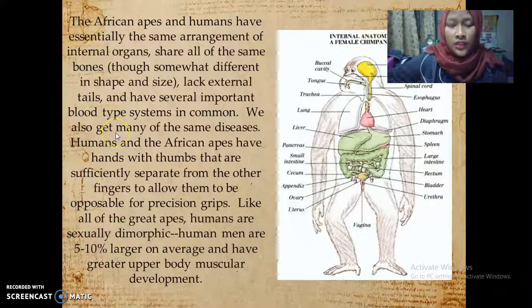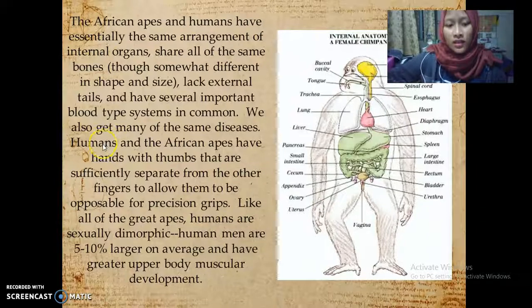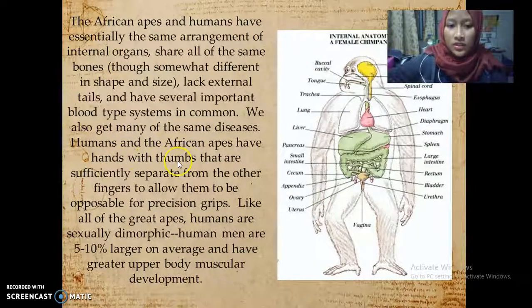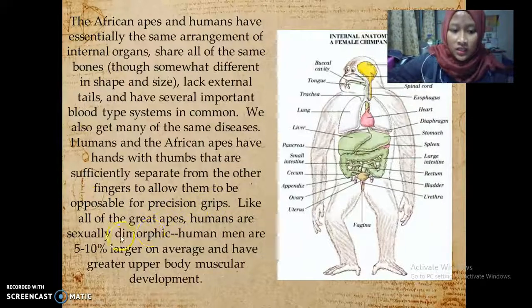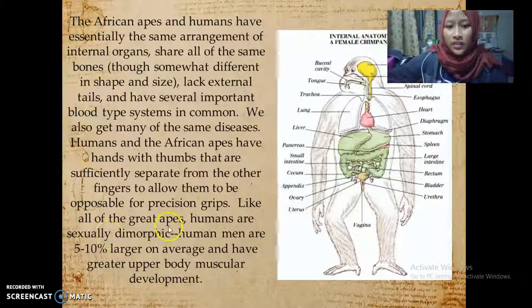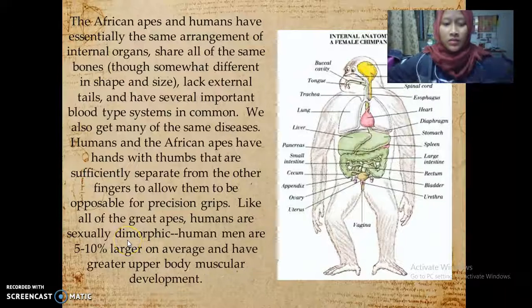We can also get the same diseases, and humans and African apes have hands with thumbs that are sufficiently separate from the other fingers to allow them to be opposable for precision grips. Humans are sexually dimorphic, and human men are 5 to 10% larger on average, with greater upper body muscular development.